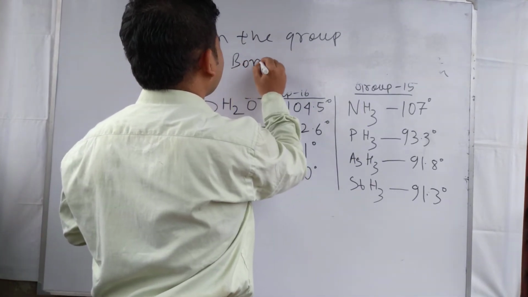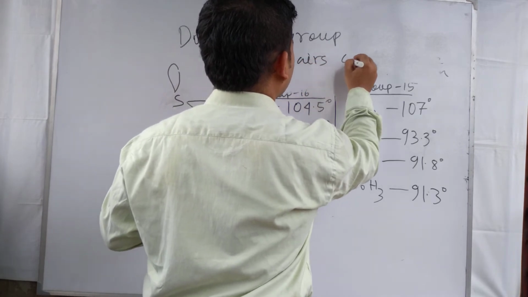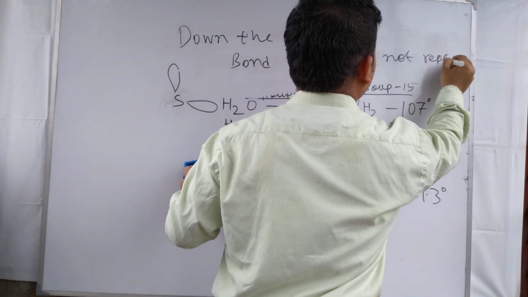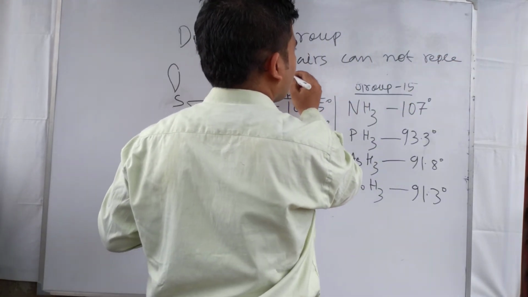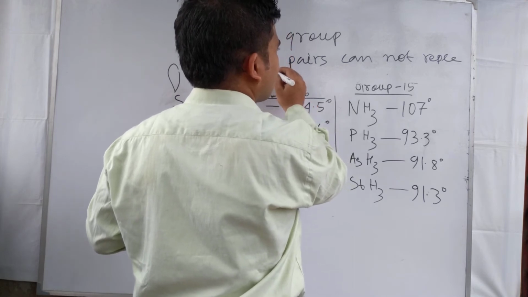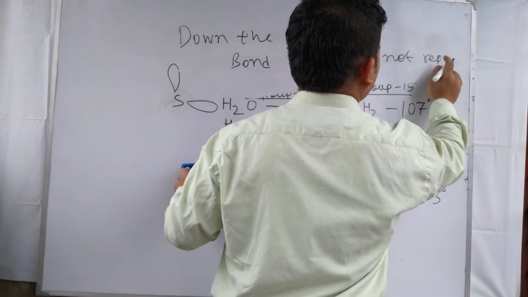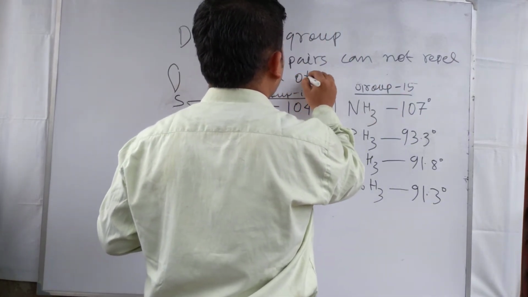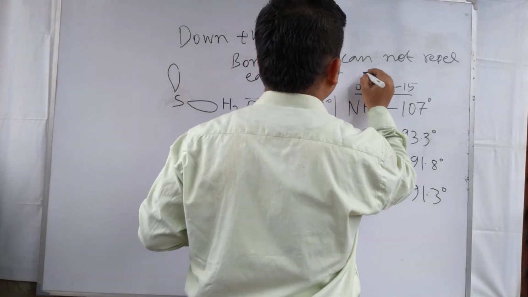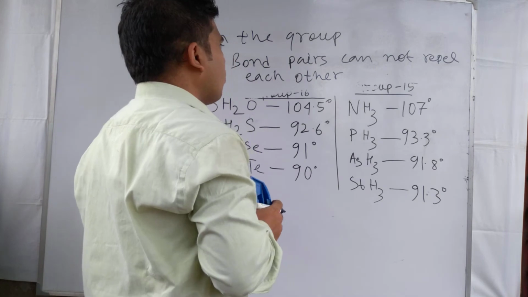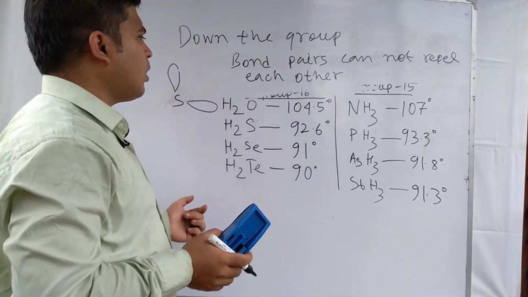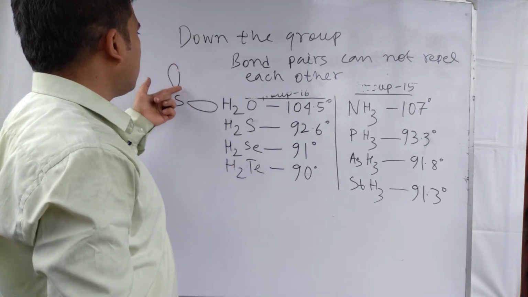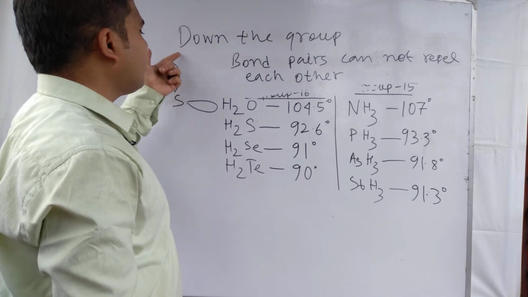Bond pairs cannot repel each other. Bond pairs cannot repel each other down the group, because the bond pairs are keeping a distance from the central atom.